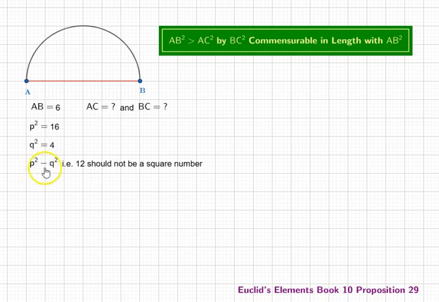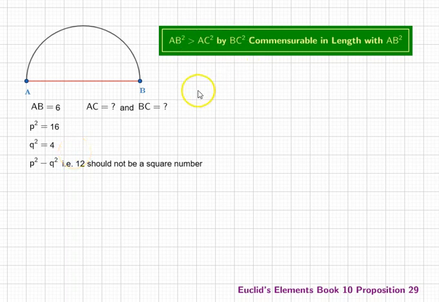When you subtract, 25 minus 9 gives you 16, which is a square number. Or 25 and 16, again you get 9, which is a square number. So those numbers we can't take. So p square minus q square should be such that it is not a square number. Another thing, p square should be greater than q square.